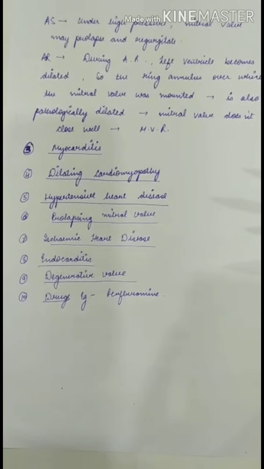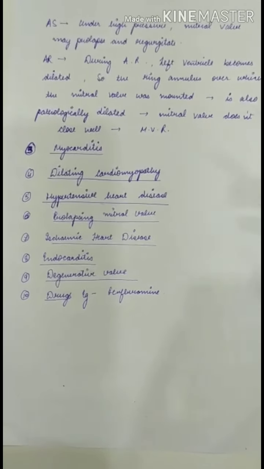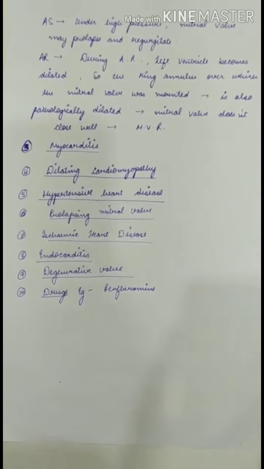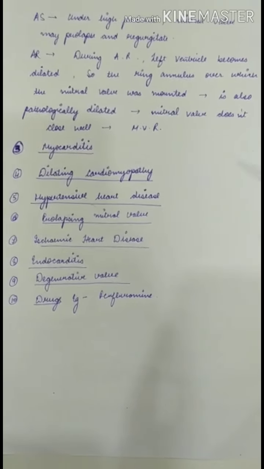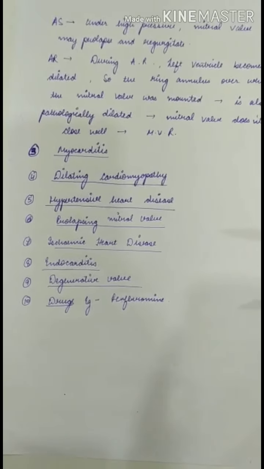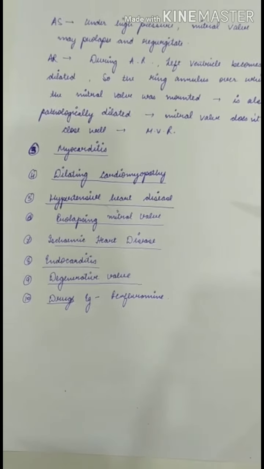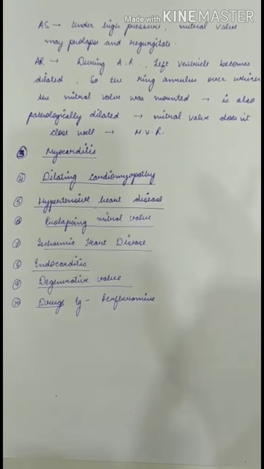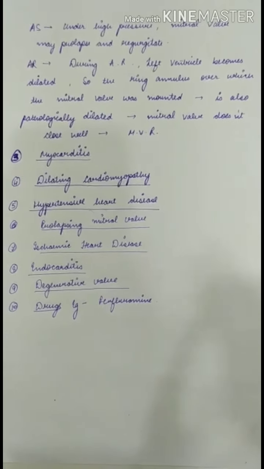Then hypertensive heart disease. In this, the left heart has to work more against the resistance, which leads to hypertrophy. And if the patient is not taking antihypertensive drugs, then it leads to dilatation and hence mitral valve regurgitation.